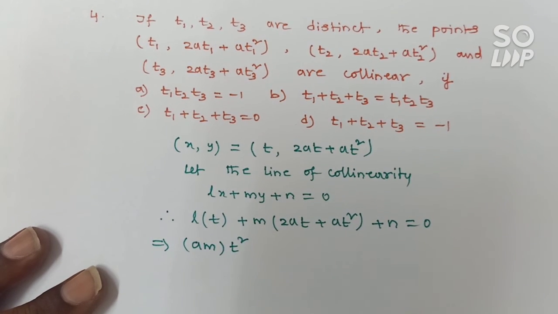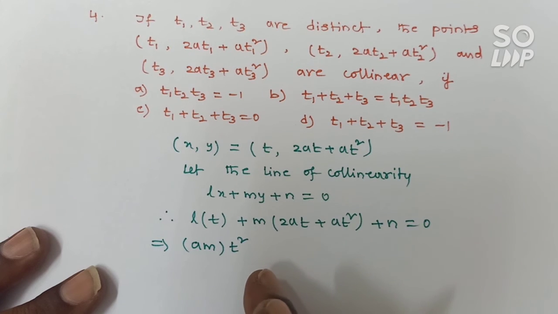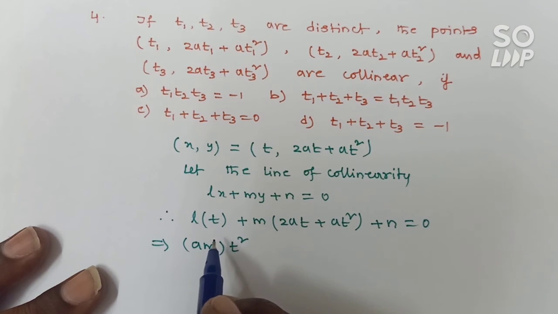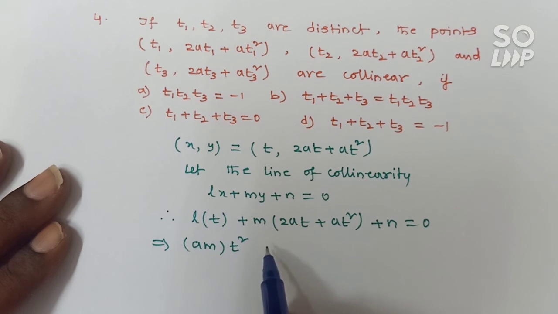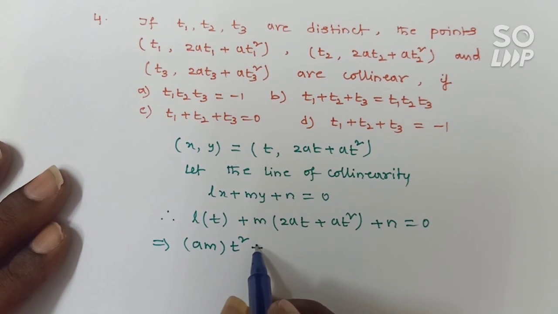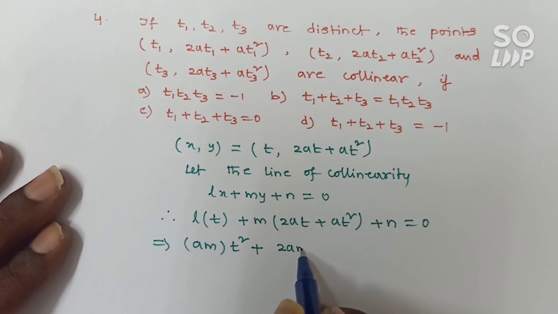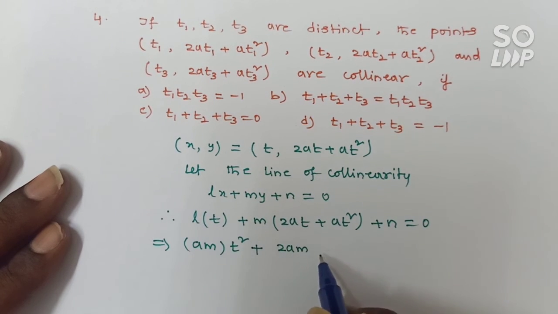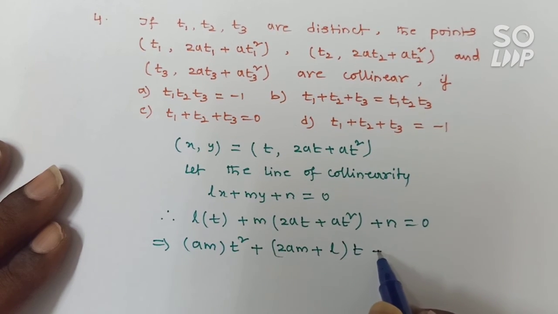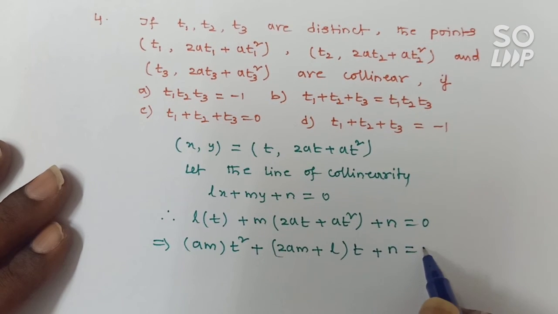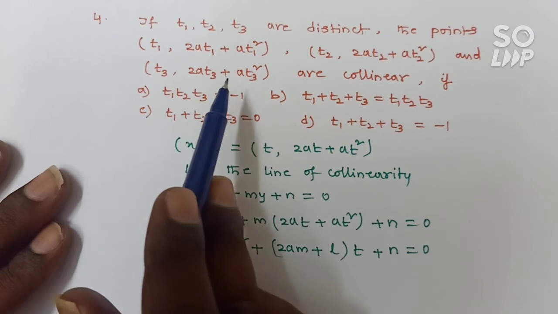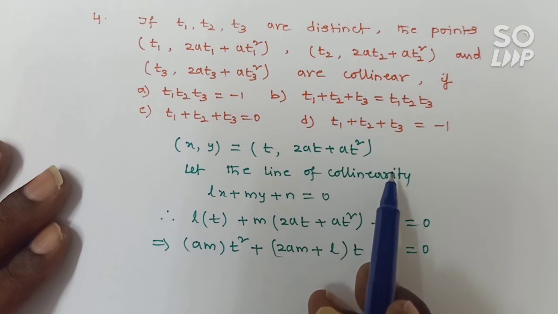The next term is 2a into m plus L into t, plus the constant n. Here there are 3 values of t: t1, t2, t3.